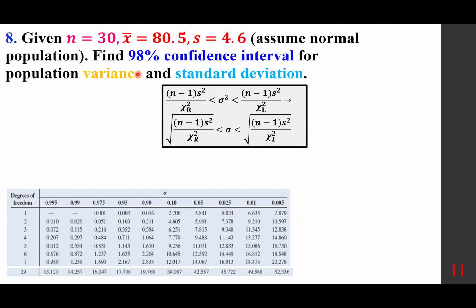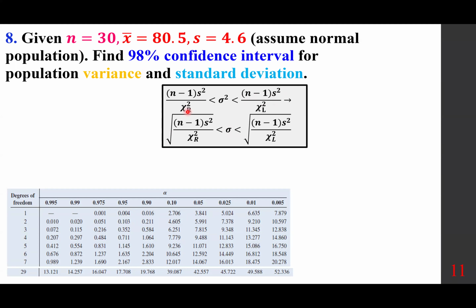For sigma squared, or variance, it's in between n minus 1 s squared over chi squared of the right side, less than n minus 1 s squared over chi squared of the left side. As far as the standard deviation sigma is concerned, when you calculate this, all you have to do is take a root. So having said that, we want to calculate this, and we need n, it's 30, it's given.